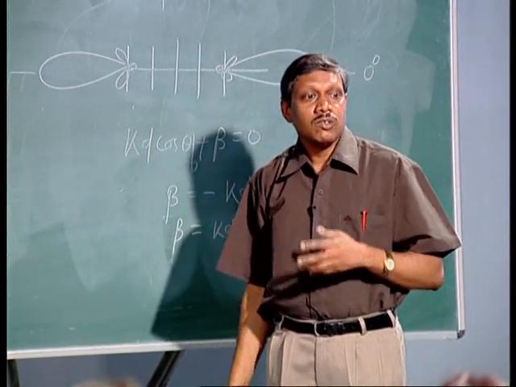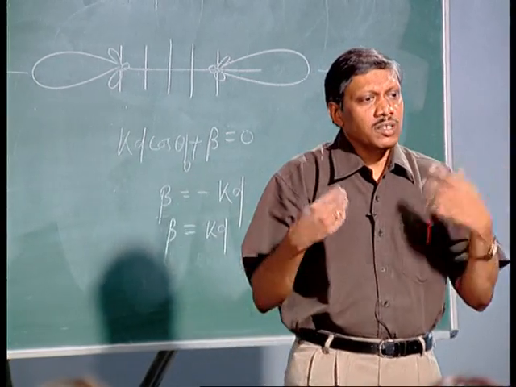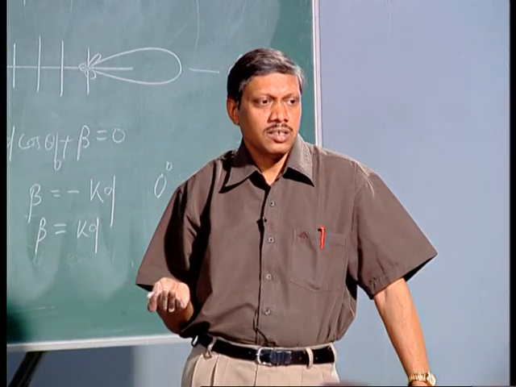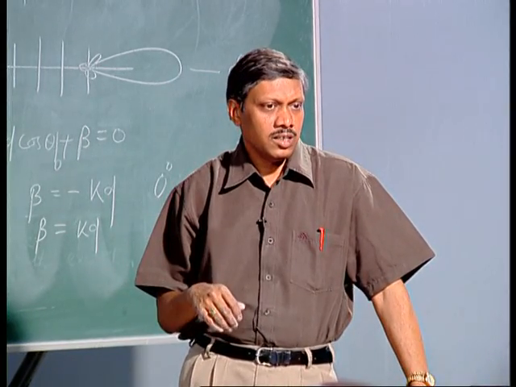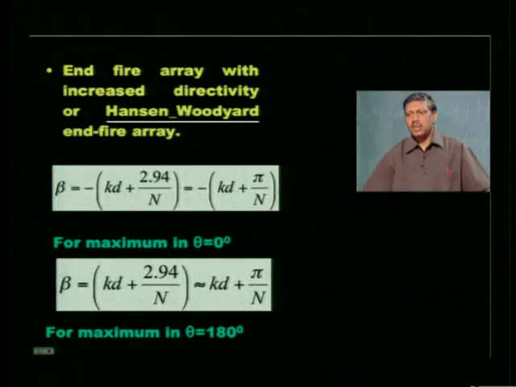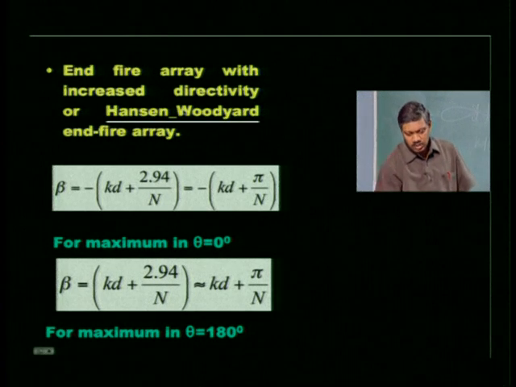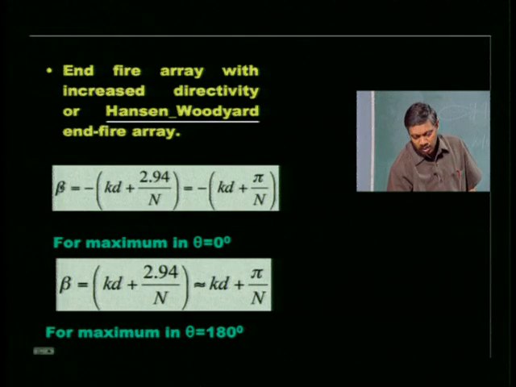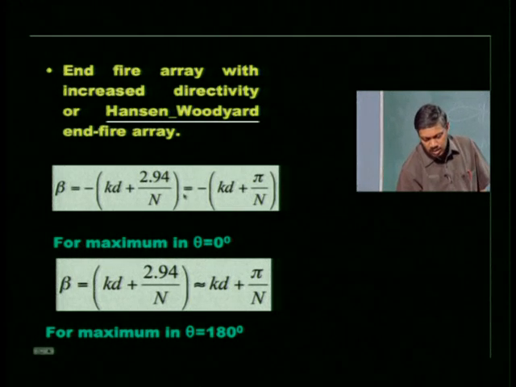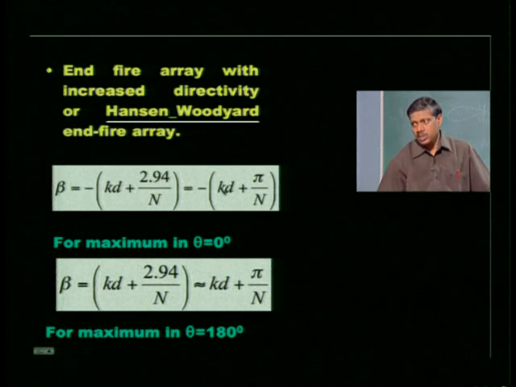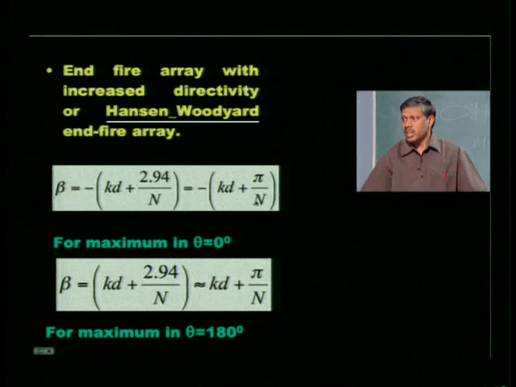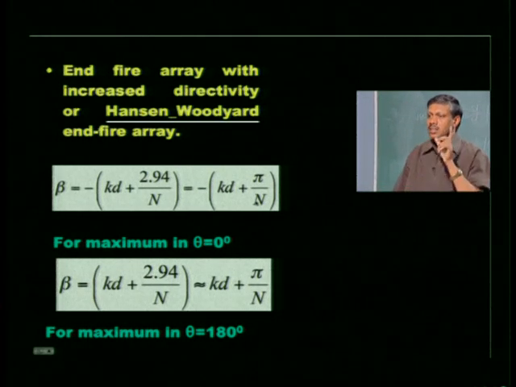In terms of directivity, we cannot define that it will give a maximum directivity, even if usually it does. So, to increase the directivity of the ordinary end fire array, Hansen-Woodward suggested another condition: instead of taking beta equal to minus kd, take beta as minus kd plus pi by n, where n is the total number of elements present in an array.